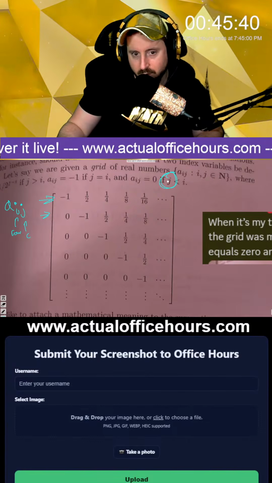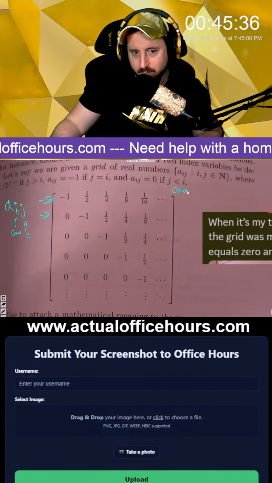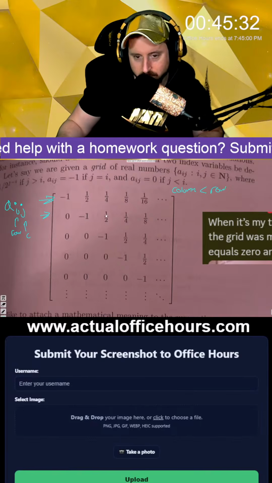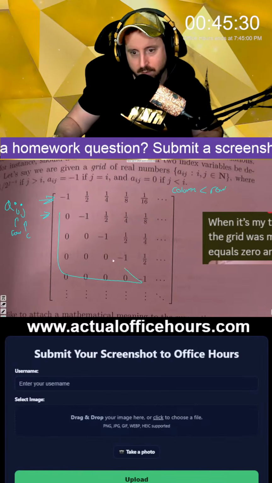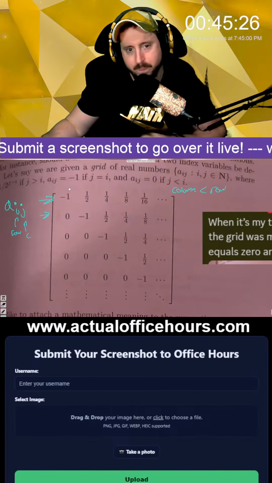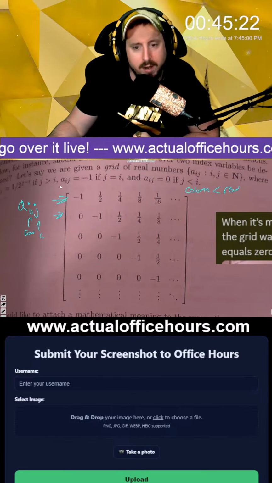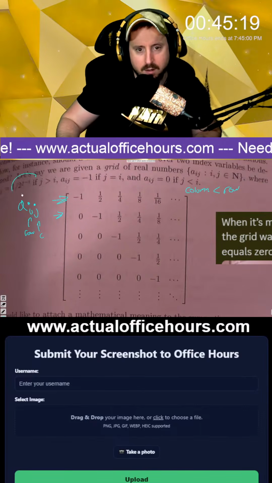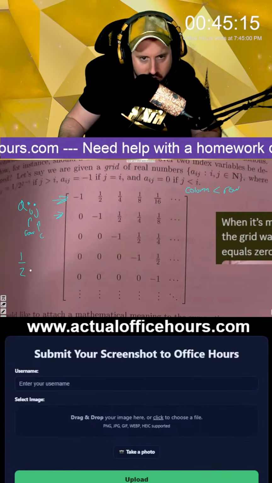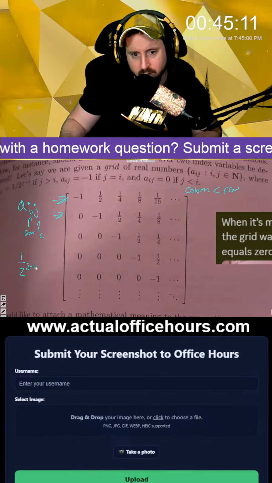Because this is column less than row. So that's why these things are all 0. This is an upper triangular matrix, right? And then this is 1 over 2 to the j minus i? Yep. Okay.